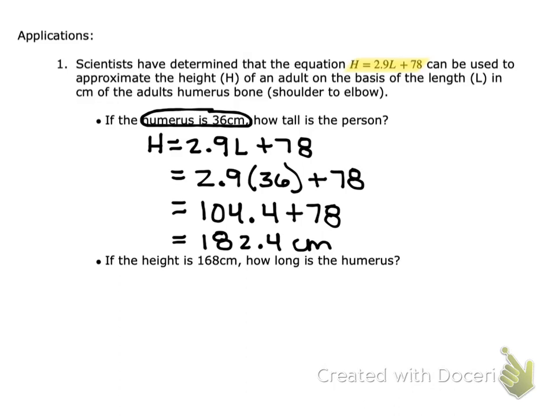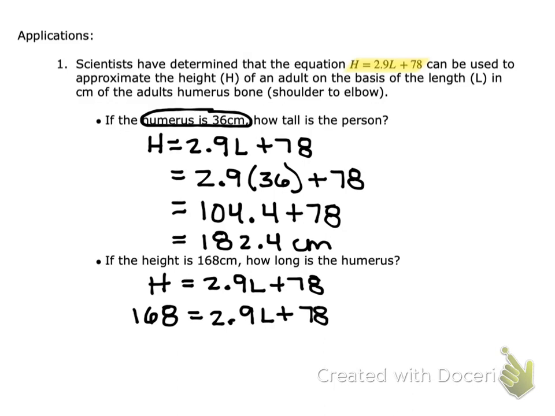Now this one's a little opposite. So we're told if the height is 168 centimeters, how long is the humerus bone? So I'm going to put 168 in for H and solve for L. Those of you that stepped out of the room, I just said on application problems, feel free to use a calculator if you'd like, or you can practice your long multiplication skills.